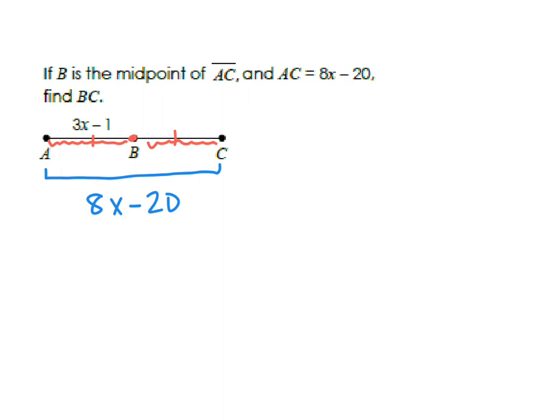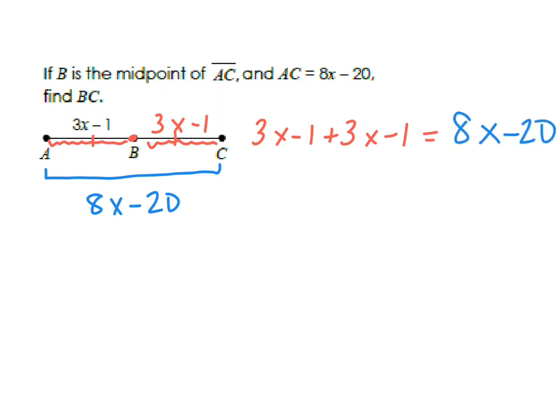Okay? So I can say, since they are equal, I can put a 3x minus 1 here. Those two pieces are equal, so my equation could be 3x minus 1 plus 3x minus 1 equals the entire segment 8x minus 20.